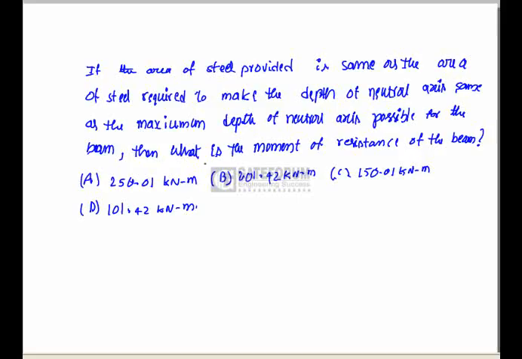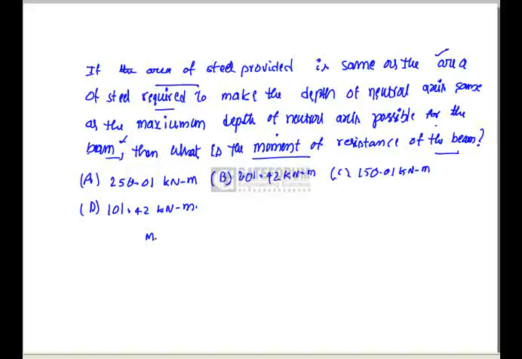We have to find out the moment of resistance of the same beam that was given in the previous question, for a condition that area of steel provided is same as that required to make the depth of neutral axis same as the maximum depth of neutral axis possible for the beam, that is a balanced section.